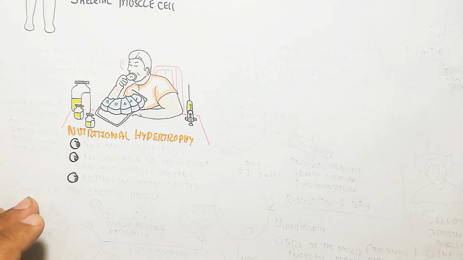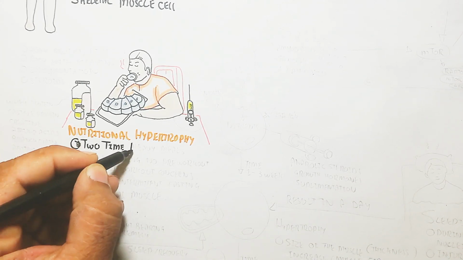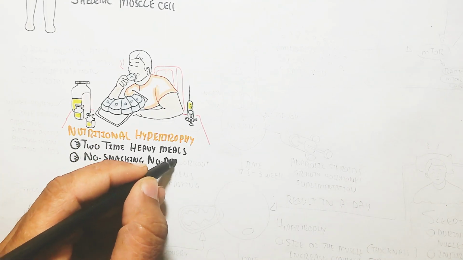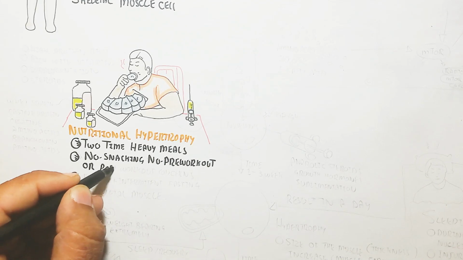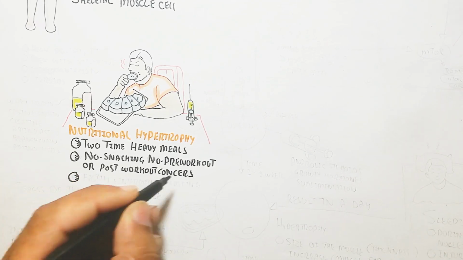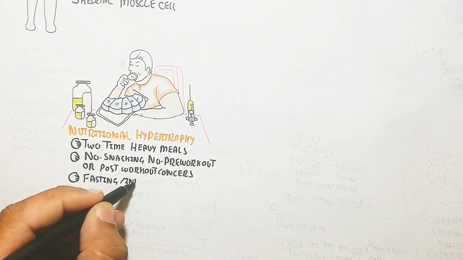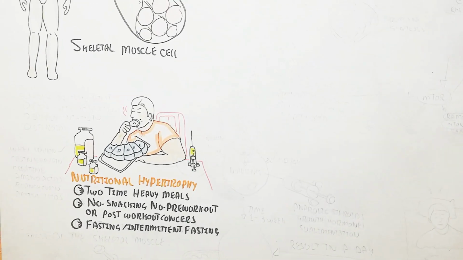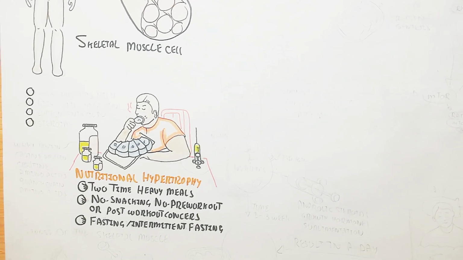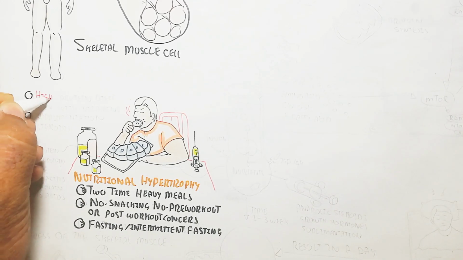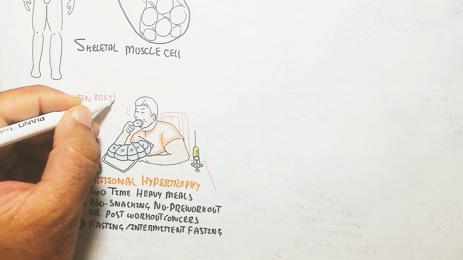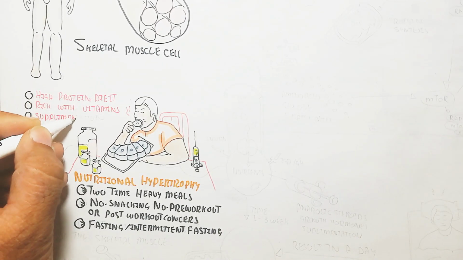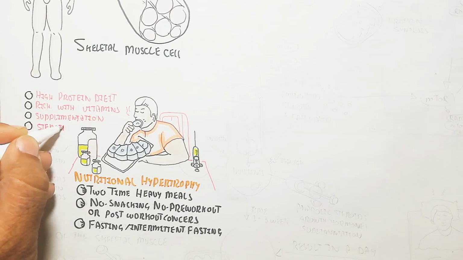This is basically a 60% effect due to nutritional hypertrophy. This means two heavy meals and no snacking, no pre-workout or post-workout concerns, and fasting as well as intermittent fasting, with a high protein diet rich in vitamins, supplementation as well as steroids.